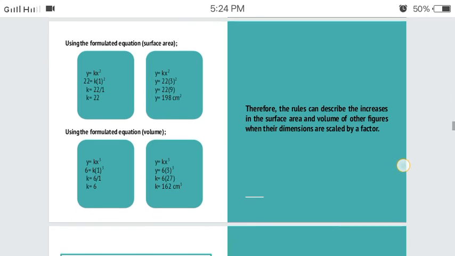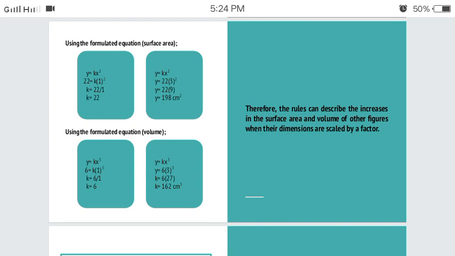So for the volume using the formulated equation, y is equal to k times x cubed. So y is equal to 6, substitute, and x is equal to 1. So 6 is equal to k times 1 cubed. So k is equal to 6. So to get the volume when it's scaled by 3, y is equal to k times x cubed. Y is equal to 6 times 3 cubed.